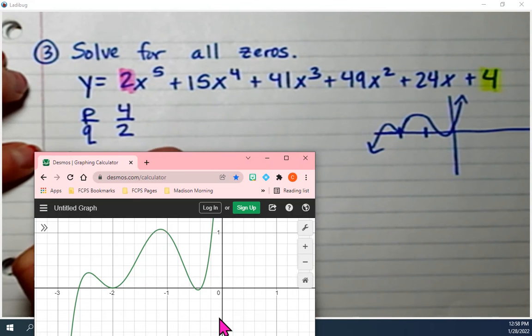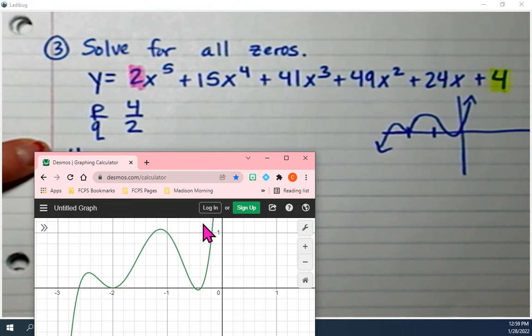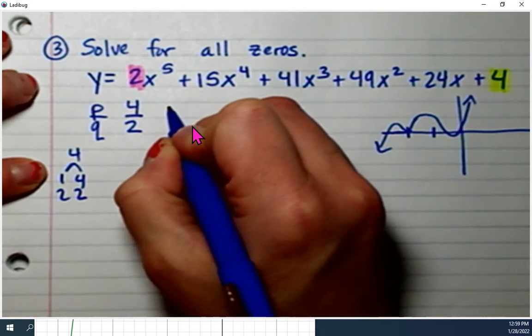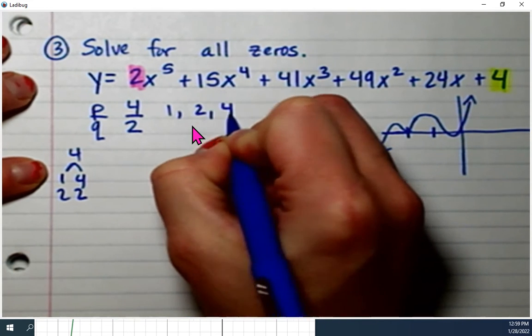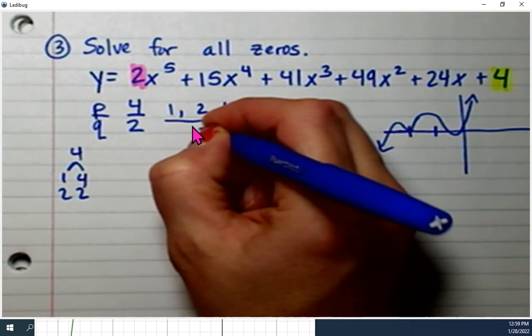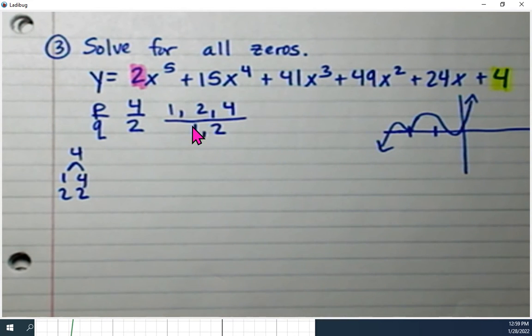All right, so the factors of 4 are 1 and 4, 2 and 2. So 1, 2, and 4. Those are my factors of the last term. My factors of the first term are 1 and 2.